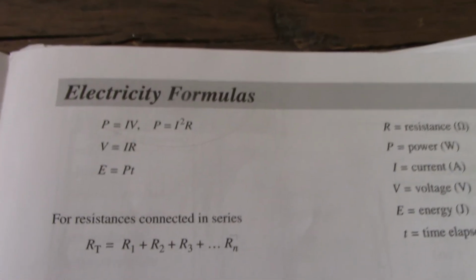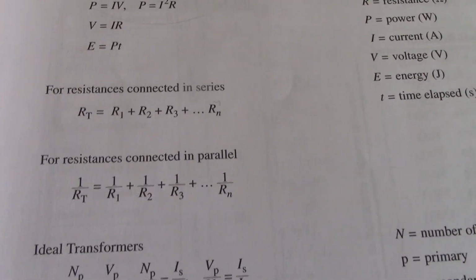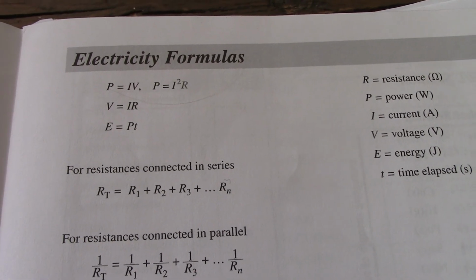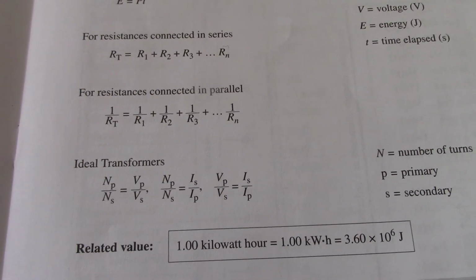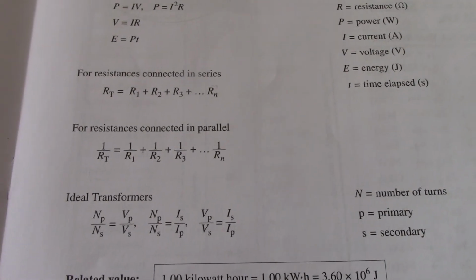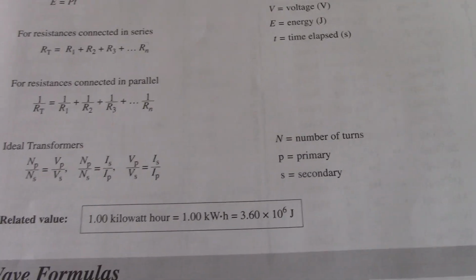And electricity formulas, I'm going to be using these with circuits. So power, voltage, energy, different transformer equations when we convert voltage, resistance in parallel and series circuits. A lot of you guys have seen these equations before.